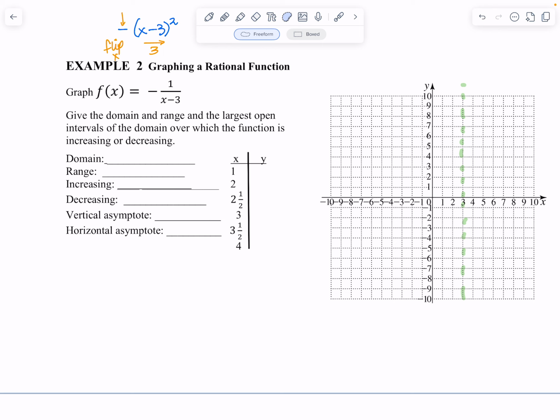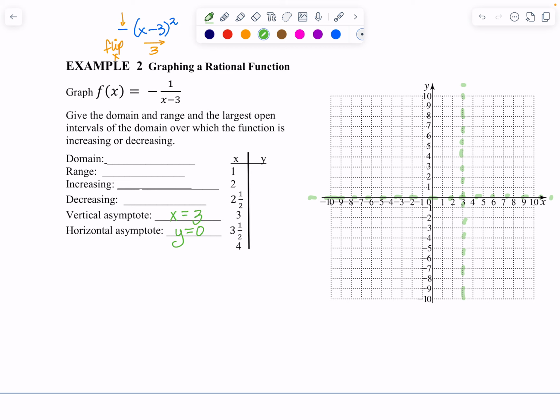I'm also, notice I have a 1 slice of pizza, so I'm never going to have 0. So I'm going to have my y equals 0. I guess we could go ahead and write the equations of the asymptotes. So the one we just did, the horizontal, is y equals 0. But the vertical has changed. That's going to be x equals 3 now instead of x equals 0.